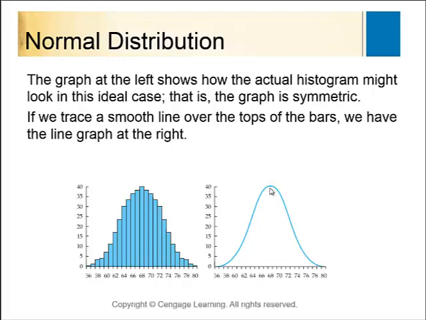In the very middle, you will find the mean, and as we go out on either side, we'll find fewer and fewer people, or whatever it is that we're looking at, will have these values here.